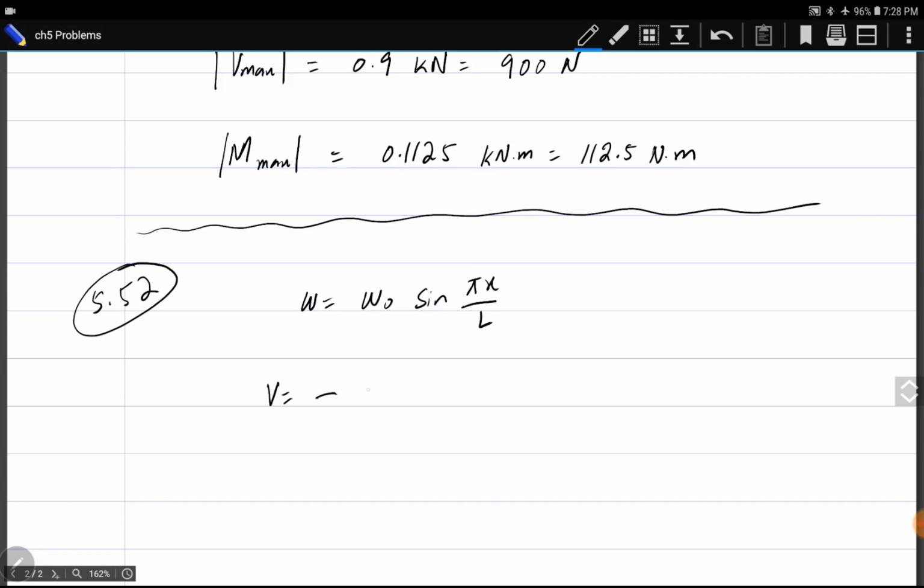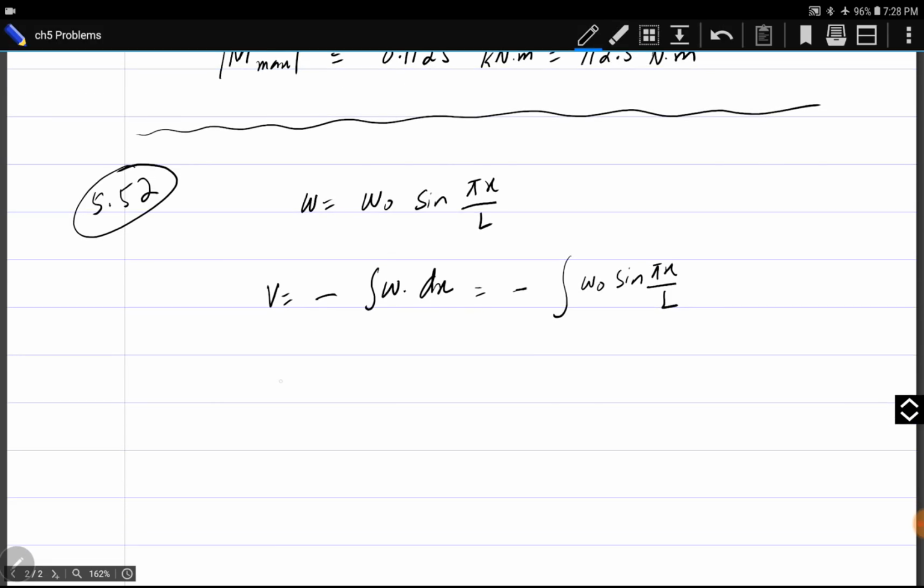Shear force is equal to minus W, integral of minus W. It will be W naught sine pi x over L. W naught is constant. Sine, integral of sine is minus cosine. So minus and minus sign, they will become positive sign.